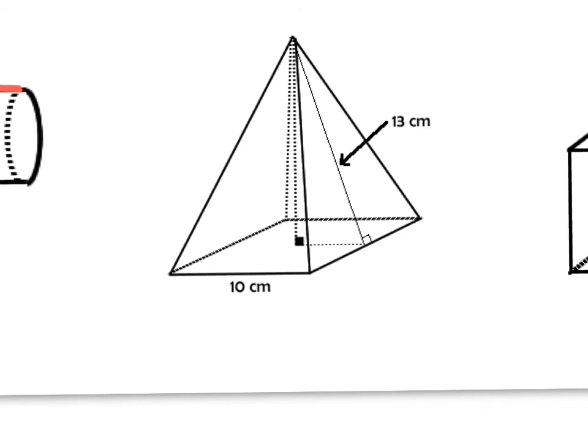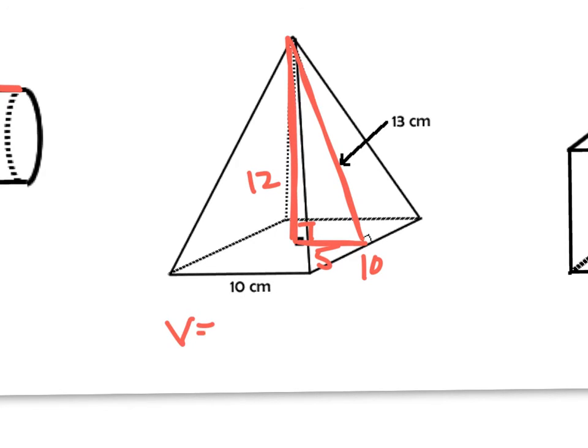Next problem, we can assume that this is a square pyramid, so dimensions are 10 by 10. That means that this section here is 5 by 13. So the height of this pyramid is 12. Since it's a 5, 12, 13 right triangle, we could get that from the Pythagorean theorem.